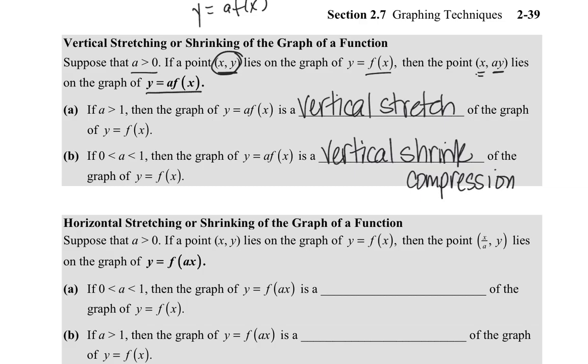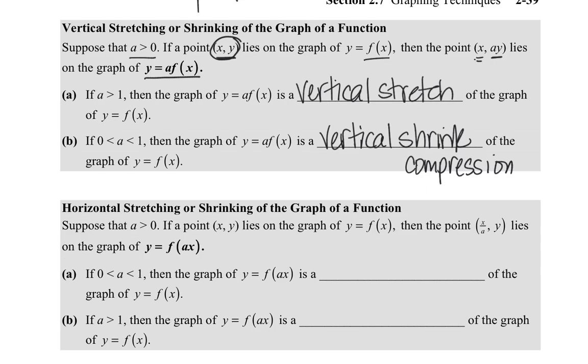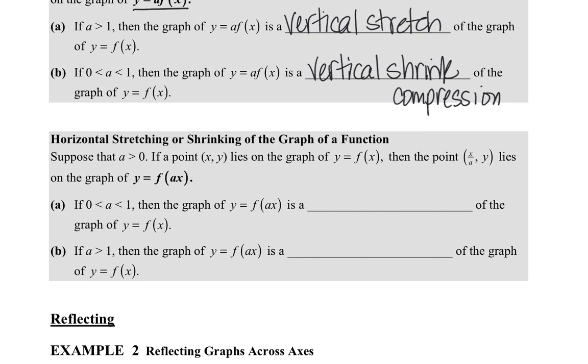Now horizontal, let me go back here. So now, if the A is between 0 and 1, so if your A is a fraction, then the graph is going to be... I said this backwards, it was greater than 1. So since my A was greater than 1, this is a horizontal shrink.